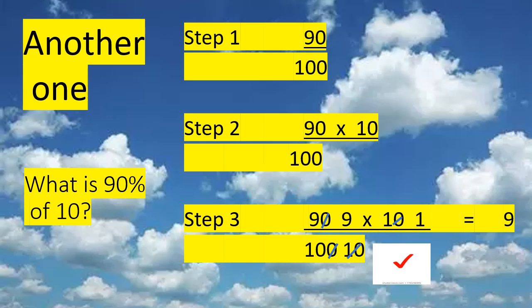We can divide both of those by 10 and they become 1 and 1. So now on the top we have 9 times 1, on the bottom we have 1, which equals 9. Okay, so again, not 9%, only 9. 90% of 10 is the number 9.